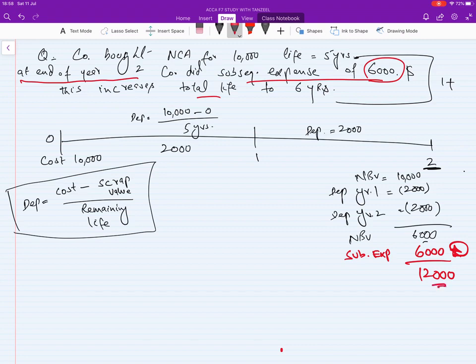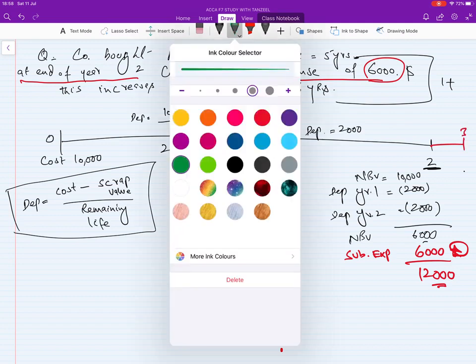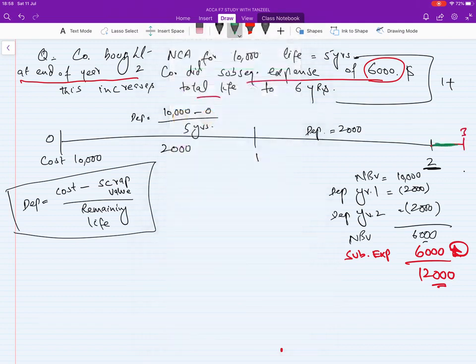And now for the next year, how do you calculate the depreciation? For year 3, depreciation is this 12,000 divided by the number of years.